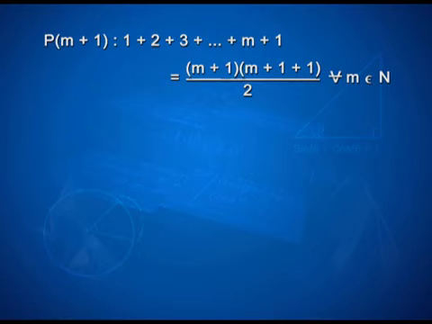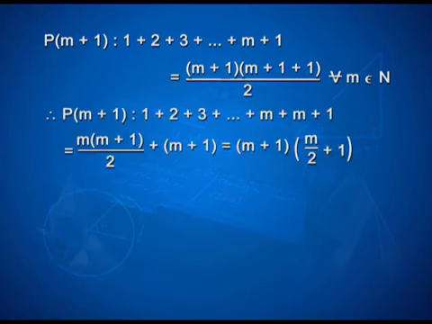This, using the first equation, could be simplified as P of m plus 1 can be written as 1 plus 2 plus 3 plus ... plus m plus 1. As we already have an expression till m, 1 plus 2 plus 3 plus ... plus m, this could be written as m into m plus 1 by 2 plus m plus 1. Now, taking m plus 1 common, we could simplify this as m plus 1 into m by 2 plus 1.